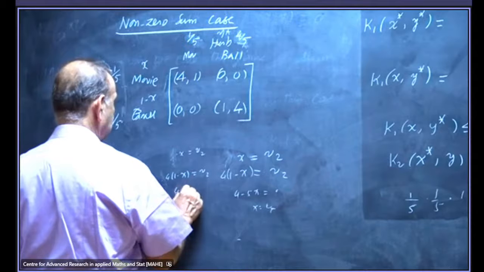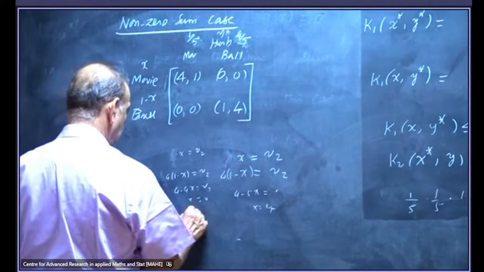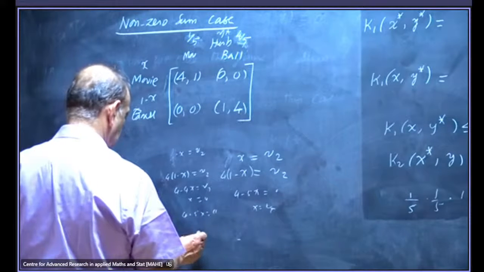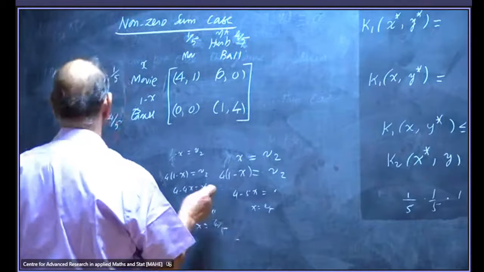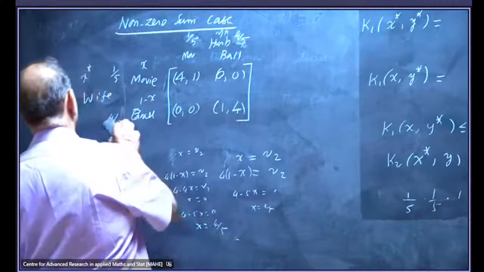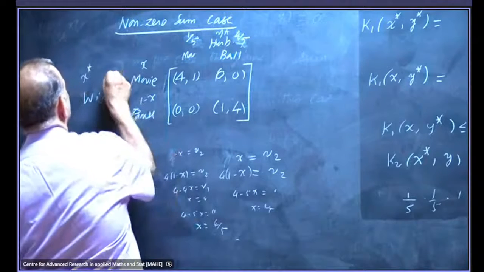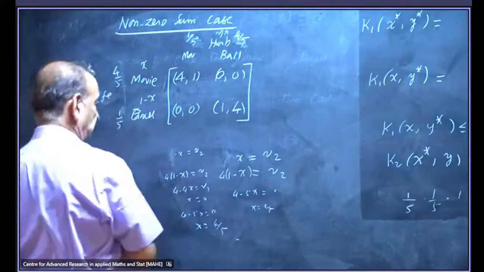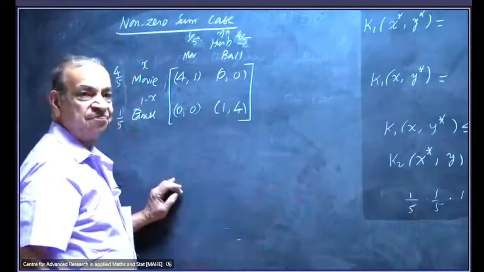So 4 minus 4x equals V2. So 4 minus 5x equals 0. X is equal to 4 over 5. I'm not getting 1/5. This has to be 4/5. Okay. Let me start all over again, okay?